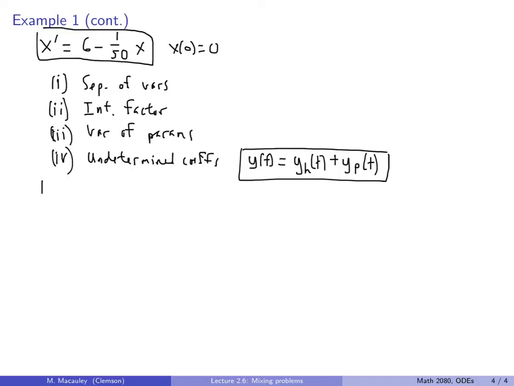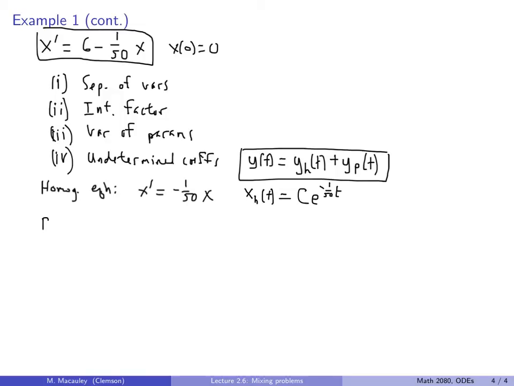So the homogeneous equation is x prime equals negative 1/50th x. Remember, we just get rid of this term that doesn't have an x in it. And the solution to this is exponential decay, so it's c e to the minus 1/50th t.